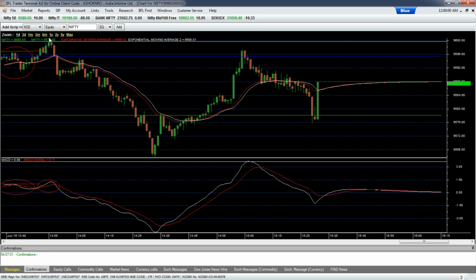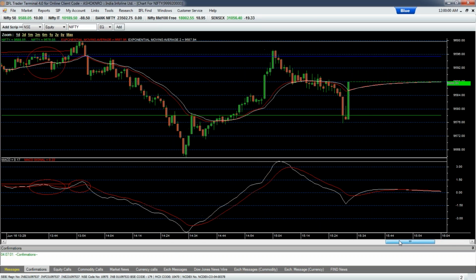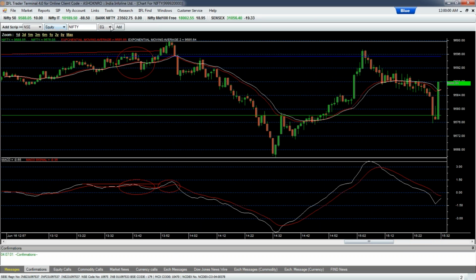It went from euphoria to the bottom, and afterwards it came up, and afterwards it came down. So you could not expect that the market will go much higher than this over here, right? So this is what is divergence.